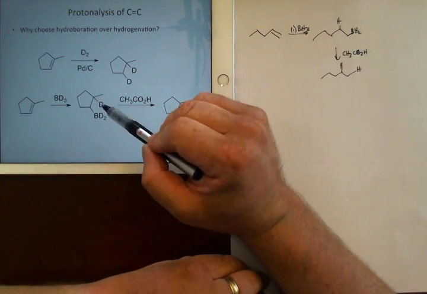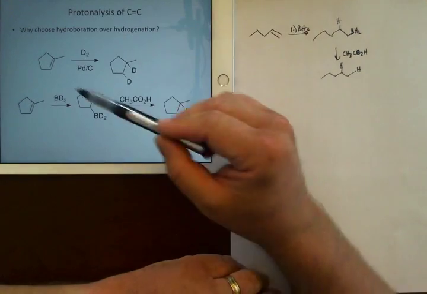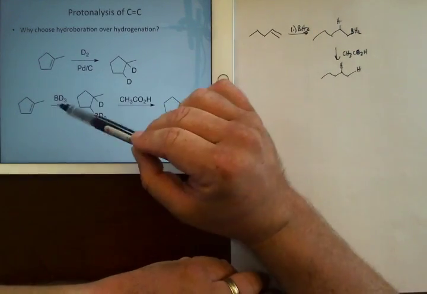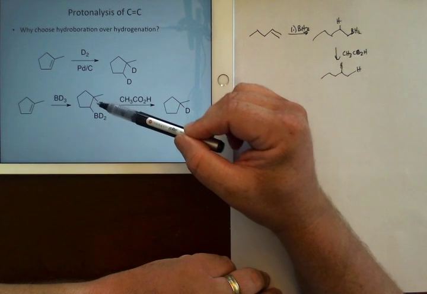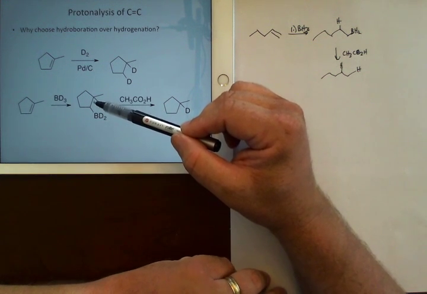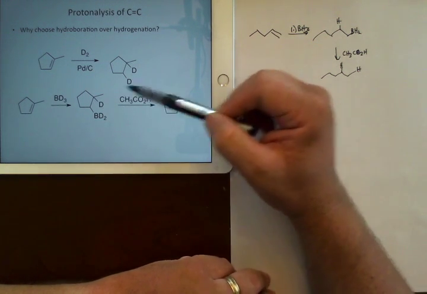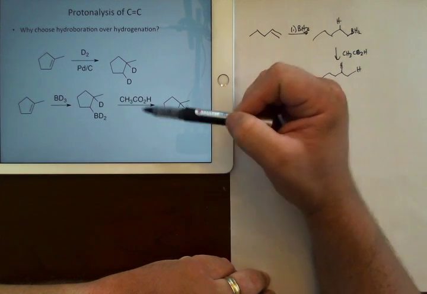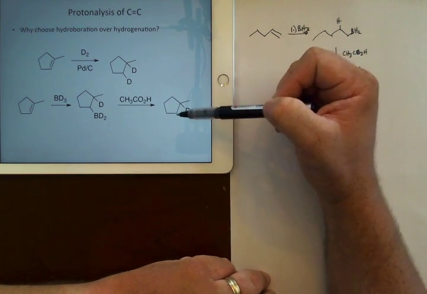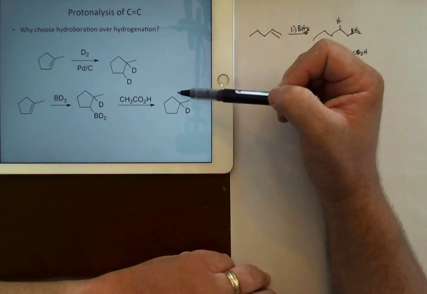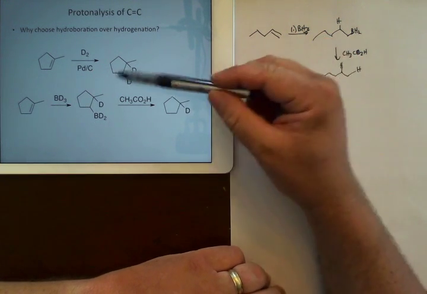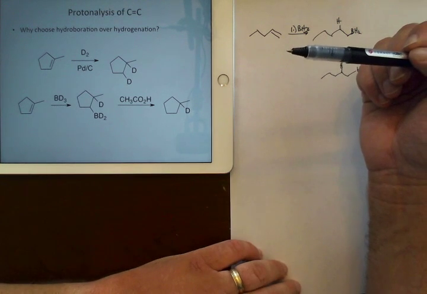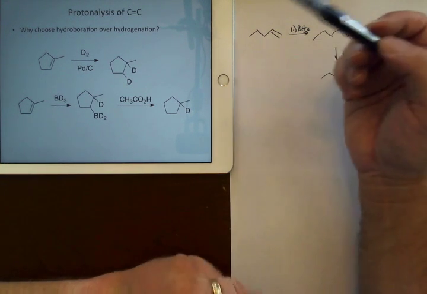But if you only want to put it on this side, you could do this reaction with BD3, where the borane would install the deuterium on the less substituted side. But if you hit it with regular acetic acid, the hydrogen would then go on to this side, and so now you only have one deuterium on there. So you get some flexibility depending on what your reaction needs for your product.